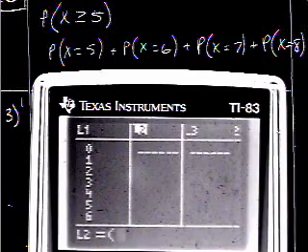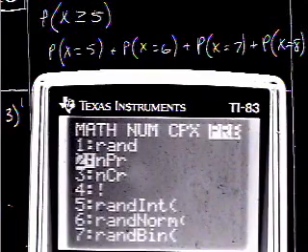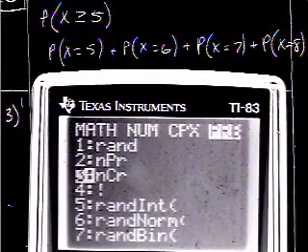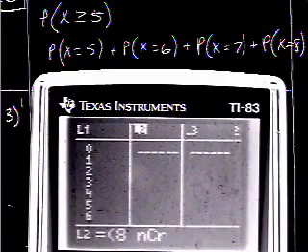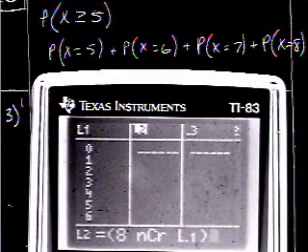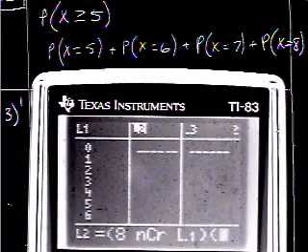So we want 8 trials, and we are using our combinations formula, right? But instead of using a number here, we're going to put L1 in parentheses.